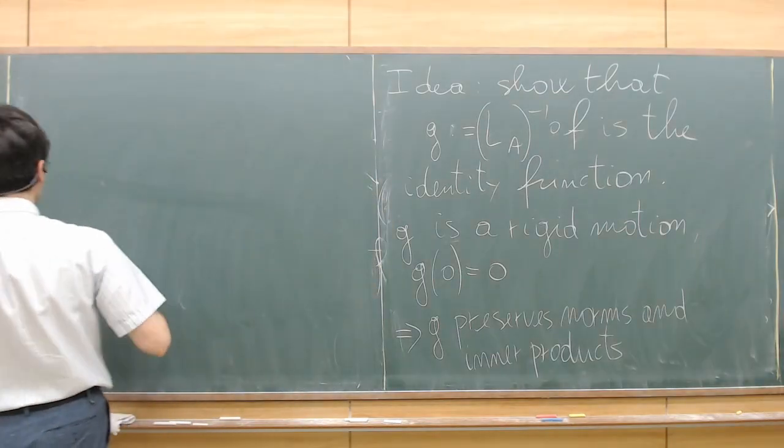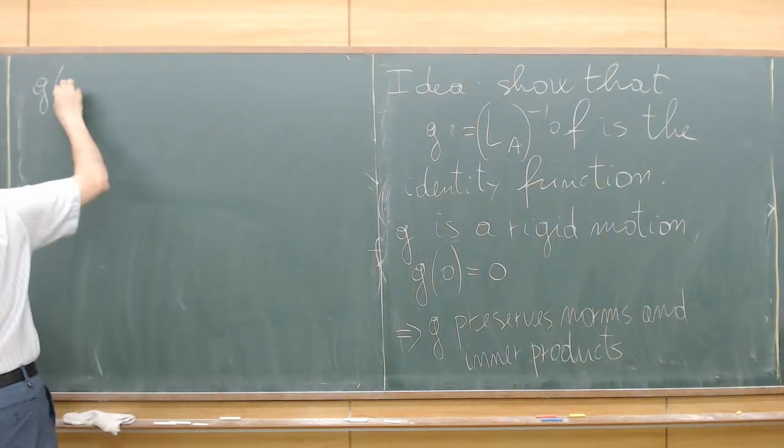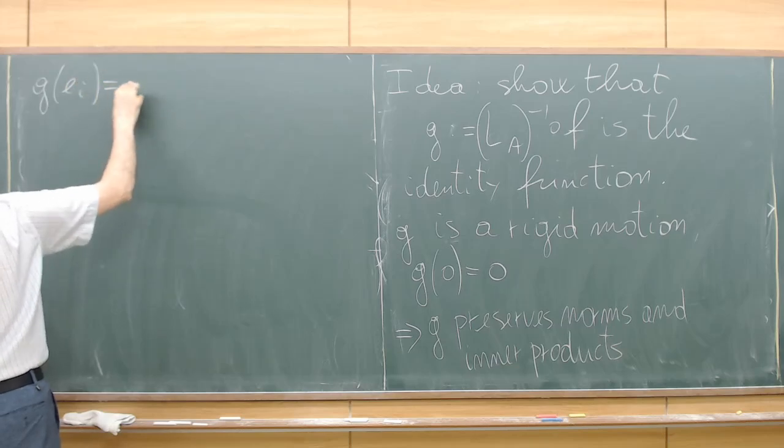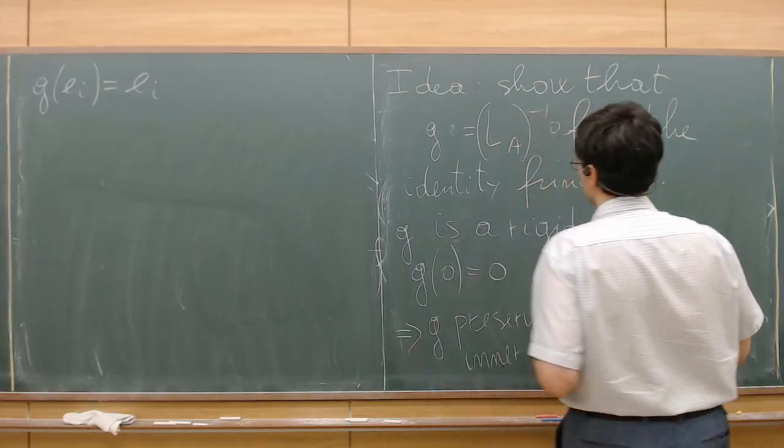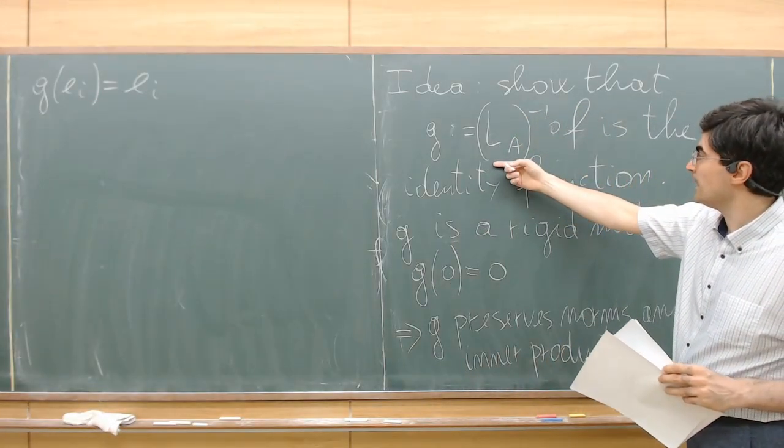And we have also G of Ei equal to Ei by definition of LA.